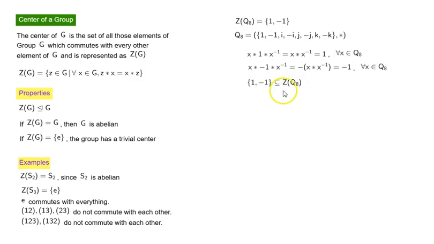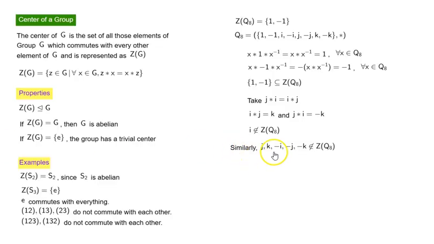As of now, we are just saying it is a subset because we also have to look at other elements, whether some of the other elements commute with each other. So let's take j times i equal to i times j. Now, is this correct? We know i times j is equal to k and j times i is equal to -k. That means it doesn't commute. So i cannot be in the center of Q8.